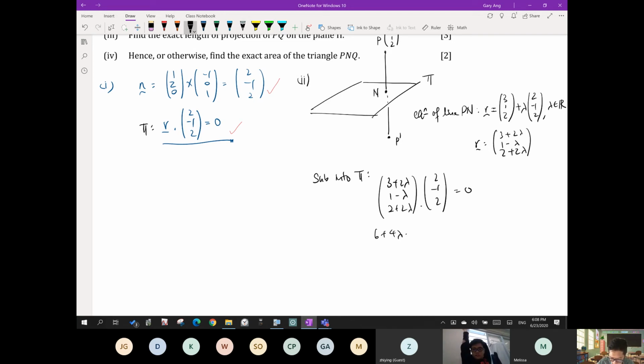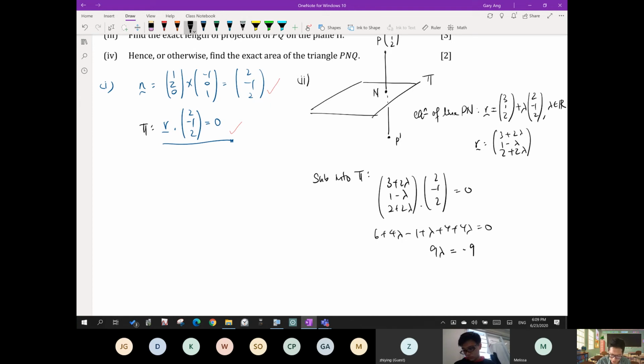So you're going to get this minus this plus this plus this equal to 0. So I'm going to have 9 lambda. Is it 9 lambda? Looks like it. Okay, 9 lambda is equal to 9 minus 9.